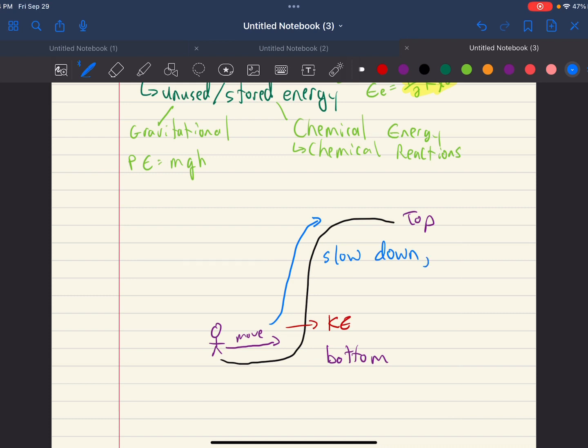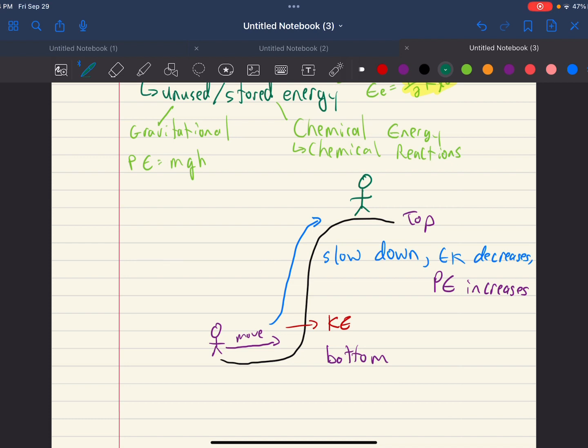So as they slow down, your KE decreases and your potential energy increases. And then let's say we get to the top of the hill here, so I'll mark that with a green little stick figure.